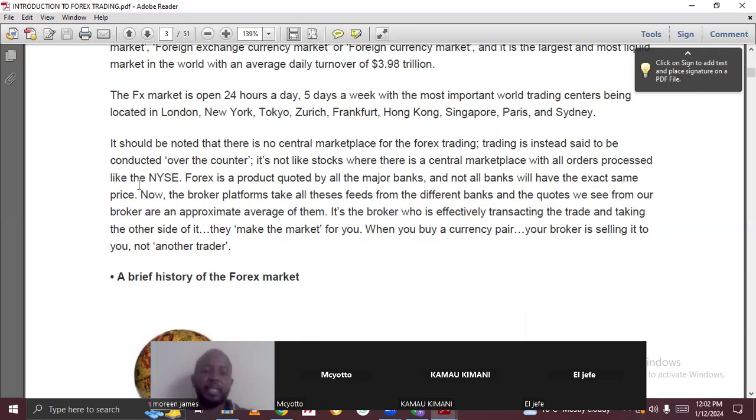You usually go to the bureau to get one. Yesterday it was 159.5 for the dollar against the shilling. If you find another bank giving you 160, that's what they are quoting. That's the product. So I need you to really understand that it is a product quoted by all major banks, and not all banks will have the exact same price.